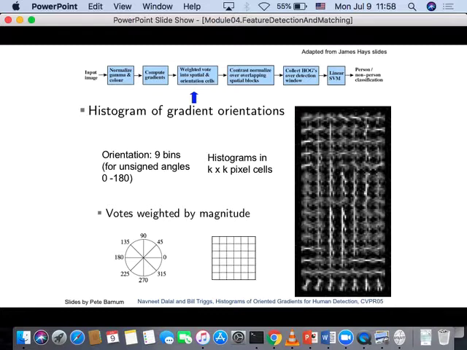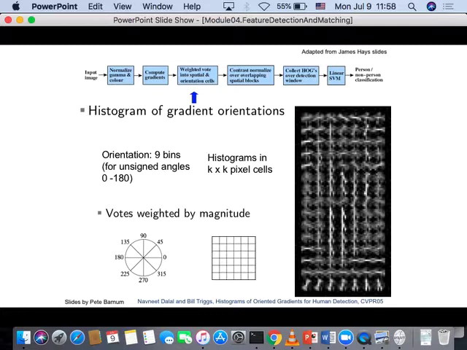So they used angles only between 0 and 180 degrees. Whatever was more than 180 degrees, they subtracted 180 from that to map to the same orientation. Then they make these histograms in k by k pixel cells. What is k by k? That depends on how many boxes they're going to fit in that 64 by 128 window.